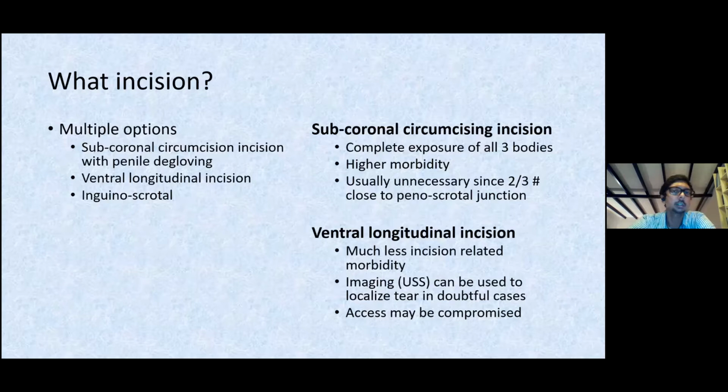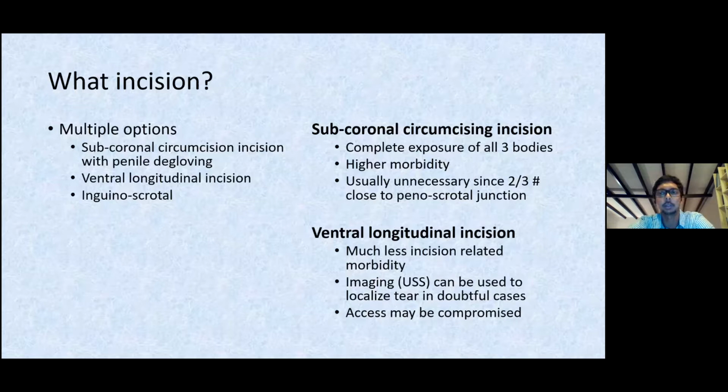What incisions to use? There are multiple incisions that have been described and none have been found to be significantly superior with evidence, but the commonly used one is the subcoronal circumcising incision, which gives external access to the whole 3 corporal bodies, and can be utilized for comprehensive evaluation and repair.